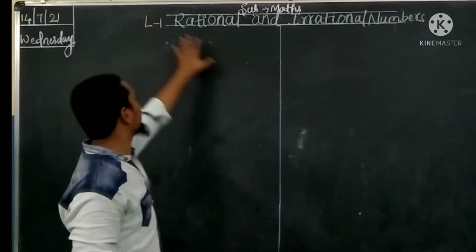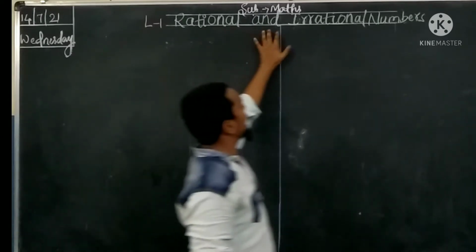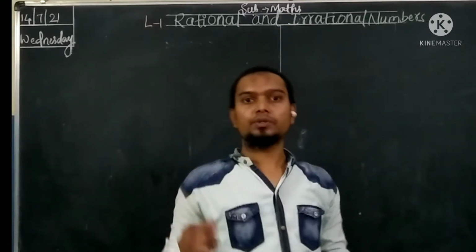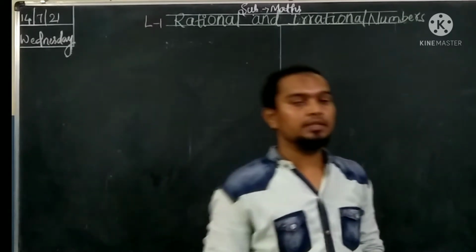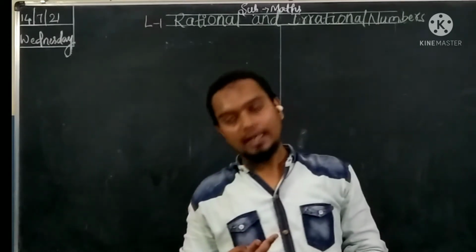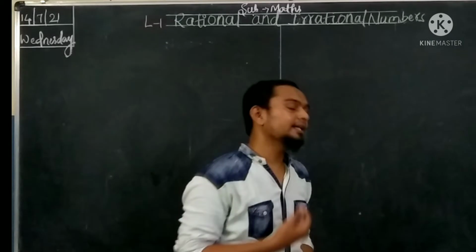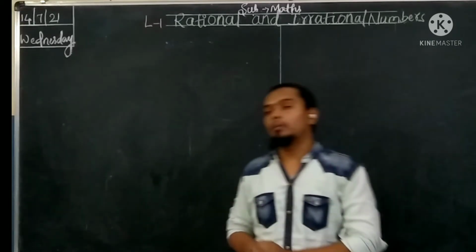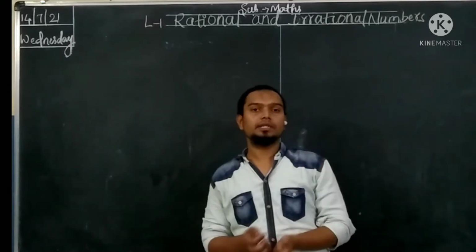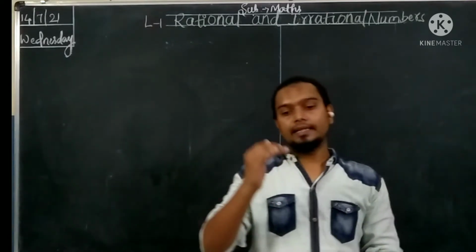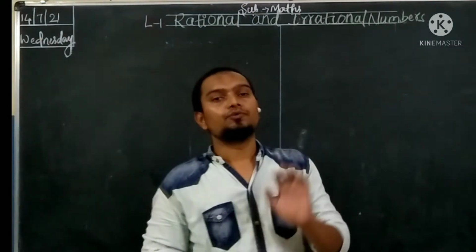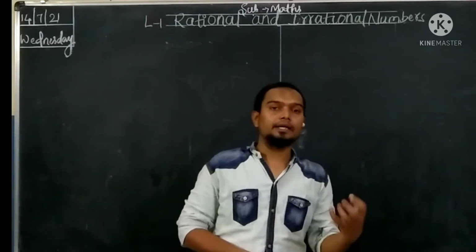That is lesson number one, rational and irrational numbers. Last class we discussed what natural numbers, whole numbers, and integers are, and their types, and what rational numbers are. A rational number is commonly called a number which can be divided.